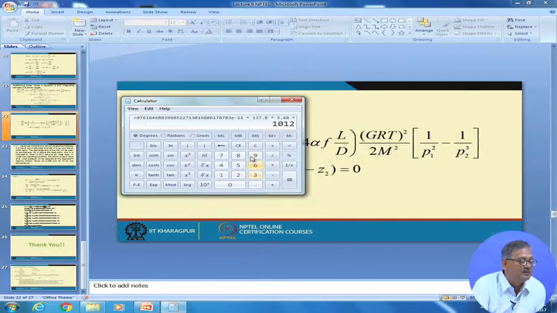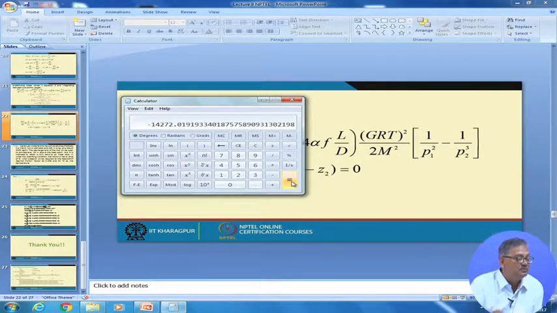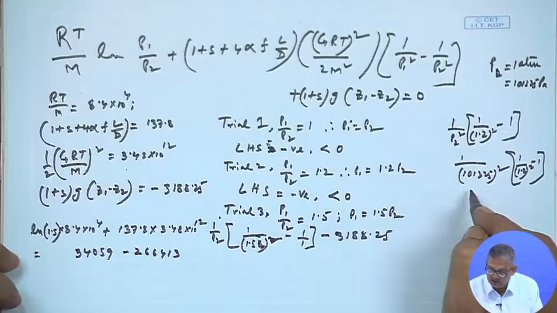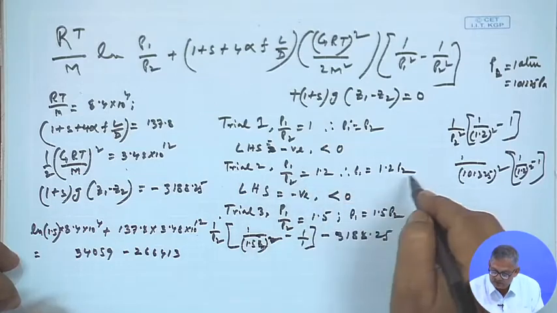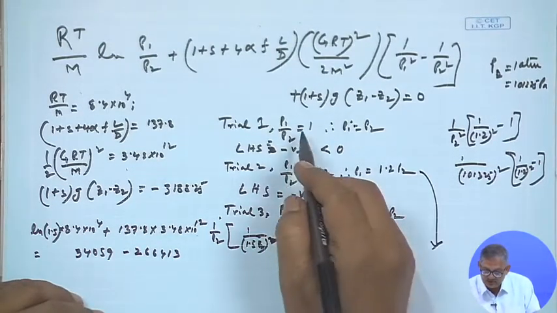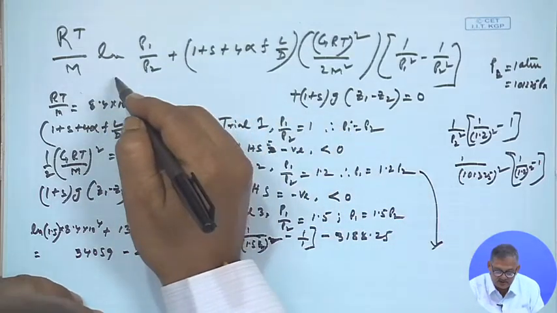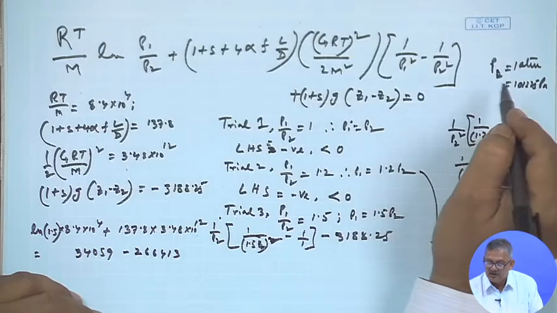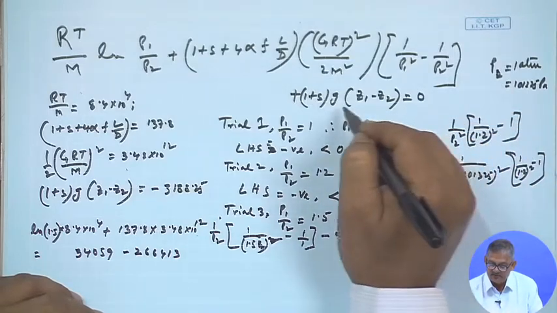It is 14272, right. So that's how it came negative. For this case, for the first time it was okay, this term was 0, this term was 0, and it was negative, this term is negative.